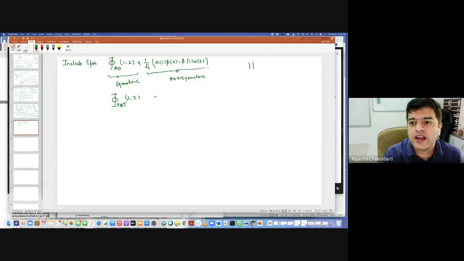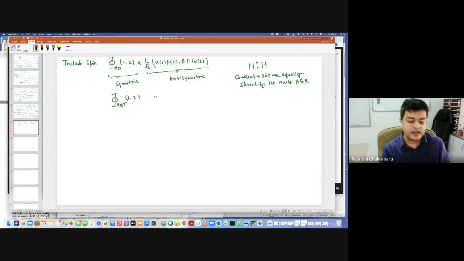So covalent means I have two electrons, both are equally shared. This is what covalent is, isn't it?